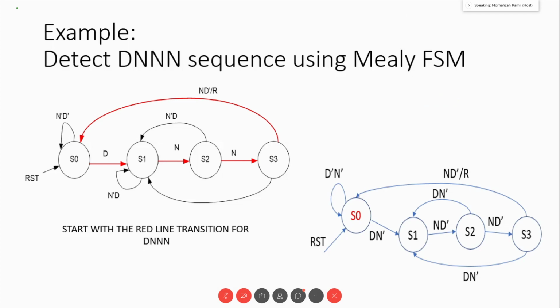So when you do the detection, this is one of the applications of FSM, right? So when you do your simulation, for example, you want to detect D and N. So these are two inputs.